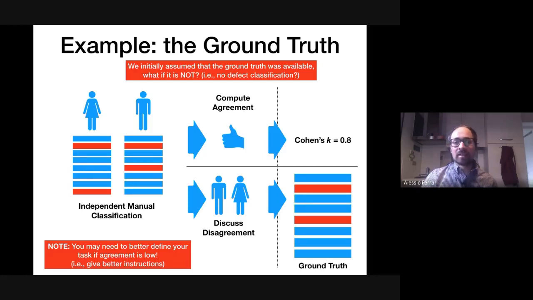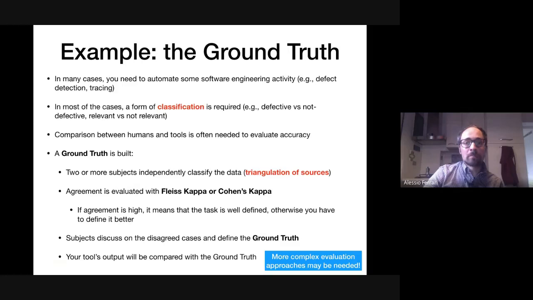Otherwise, it is very likely that the agreement will be very low. So they start on a pilot number of requirements. They agree on the strategy. You define with them all together the strategy, so that the differences are just for corner cases, the differences that they will have to discuss. Otherwise, the study may be considered as quite flawed, quite erroneous.